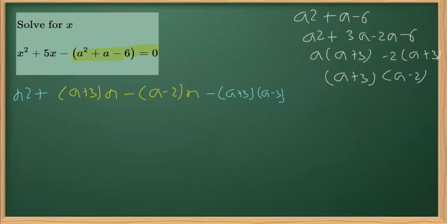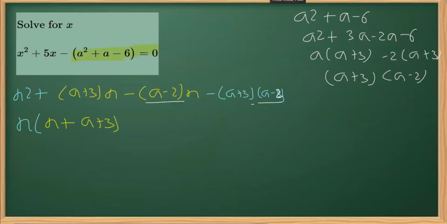what we can do next is take common from the first two terms. Clearly, we have x as common from the first two terms. So what we'll get inside after taking x common is x plus (a plus 3). Now, as you can see, from the last two terms, I can see a minus 2 is common.